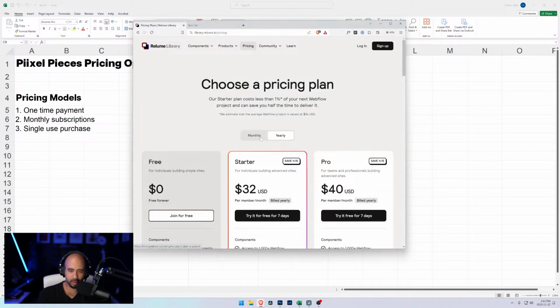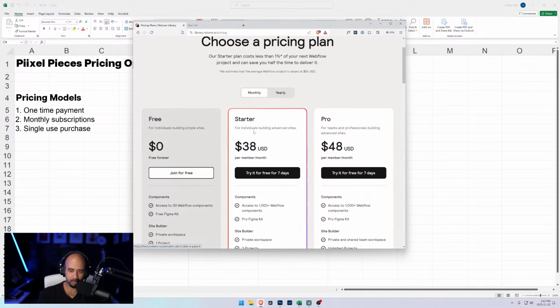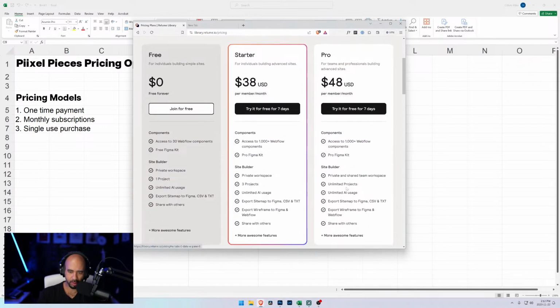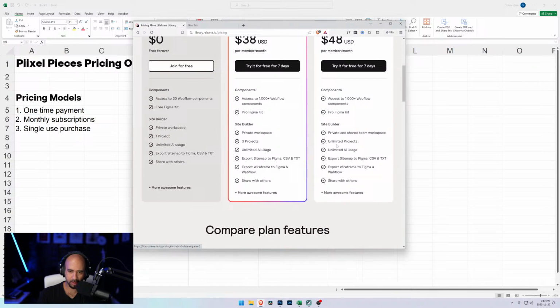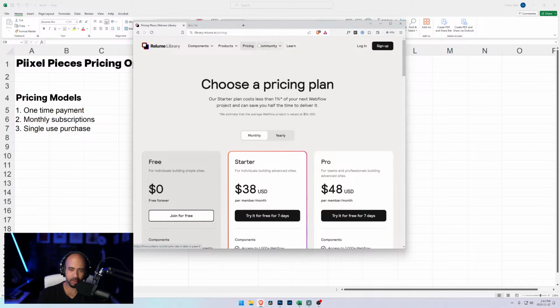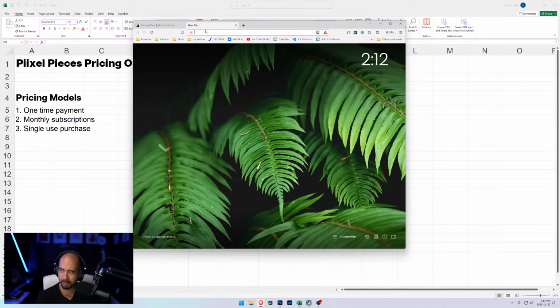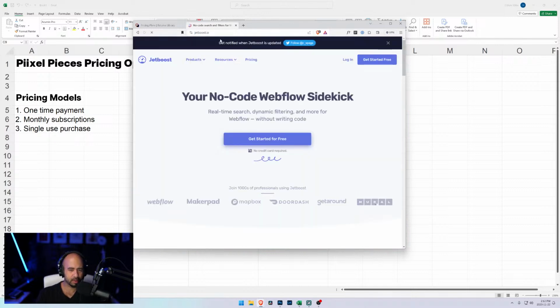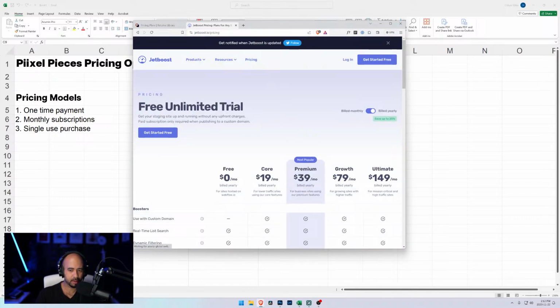These guys charge $38 a month. And Pro, what does the Pro get you? Oh, with the site builder. Okay, so they added more features since last I saw. I think Jet Boost. Yeah, this is a little bit more functionality, but kind of gives you an idea of the price.